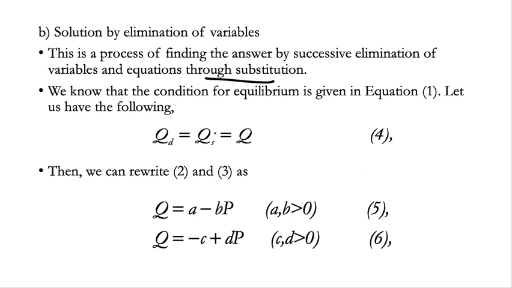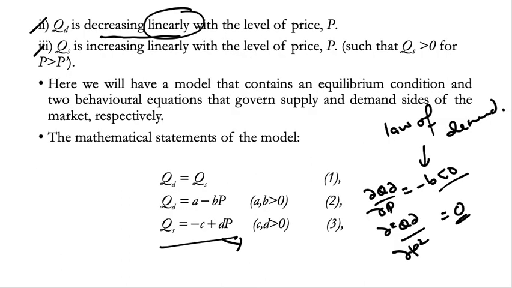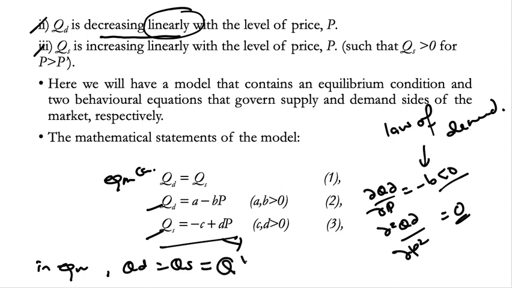Okay, we know that we have these three different expressions. This is the equilibrium condition, this is quantity demanded, this is quantity supply. In equilibrium, we know that QD equals QS, isn't it? So in this case, instead of writing QD equal to QS and so on, we use one representative, call it Q star, to denote the equilibrium quantity, because here, based on this writing, Q star equals QS equals QD.